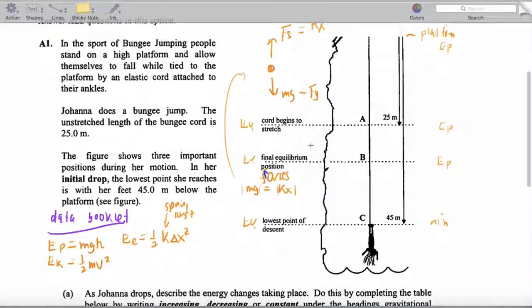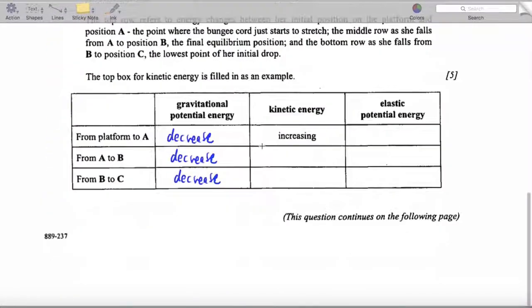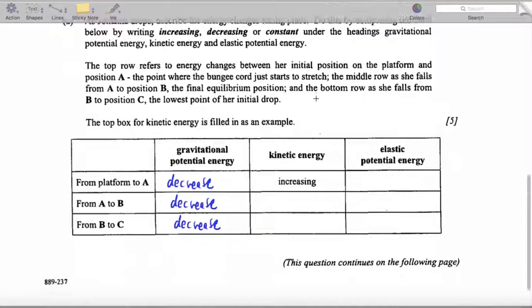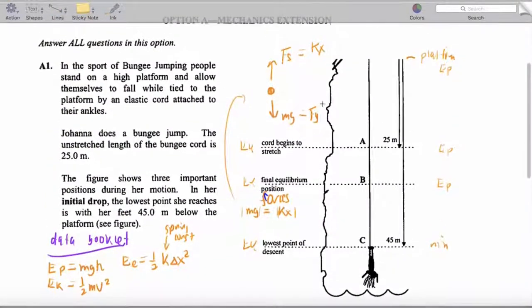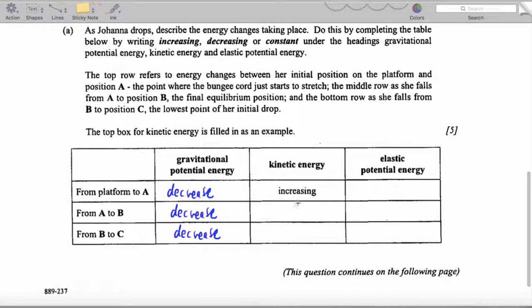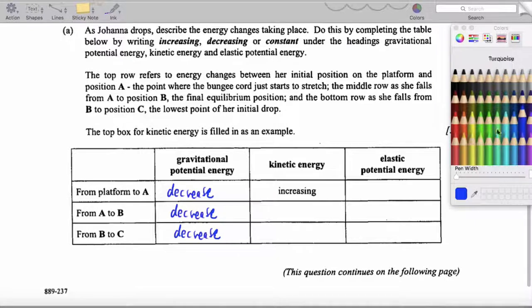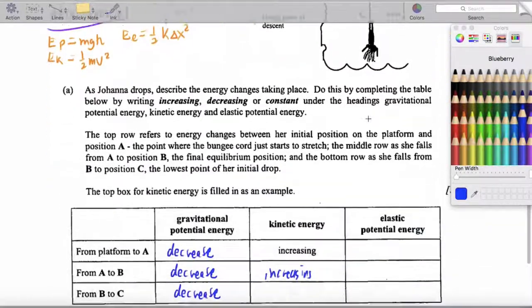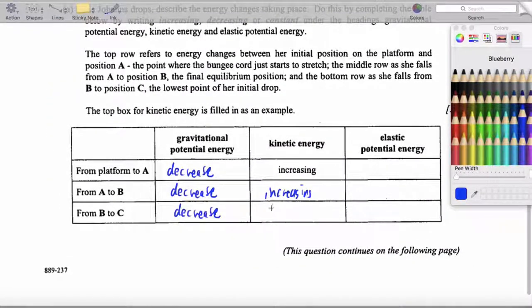So with this in mind, as we're falling, we actually gain speed until the force is balanced. What we're basically saying is that the gravity force is bigger than the spring force and so continues to accelerate it. So that means we're going to have an increasing kinetic energy. And then we go from B to C, where we pass the equilibrium point, and now the spring force is bigger than the gravity force, and it's going to start to slow the jumper down.